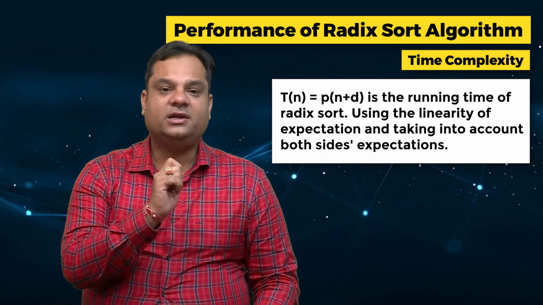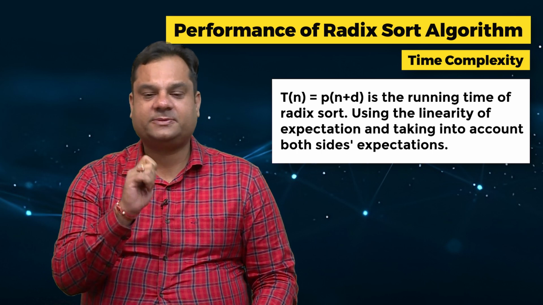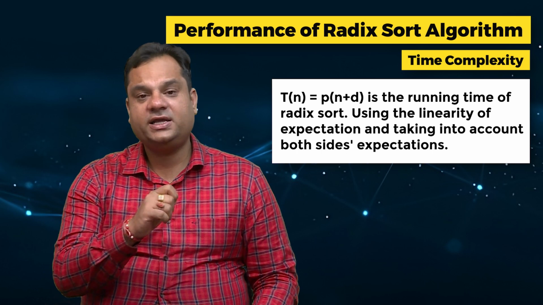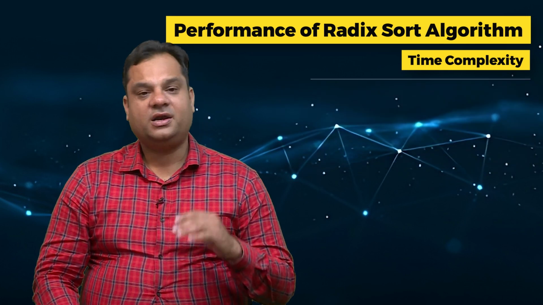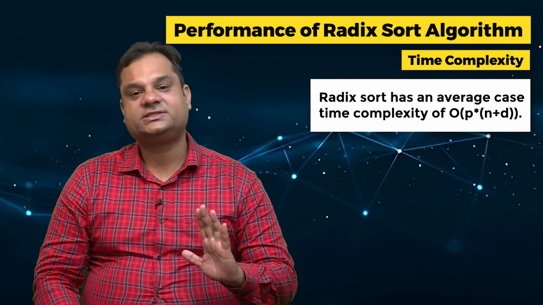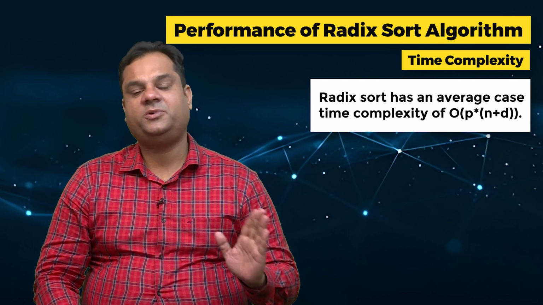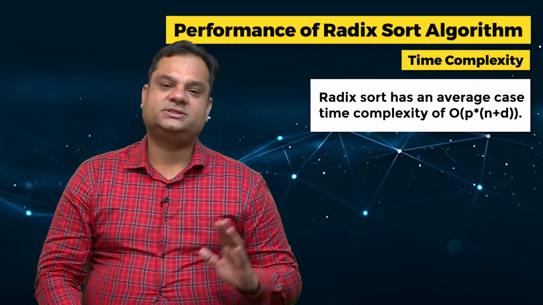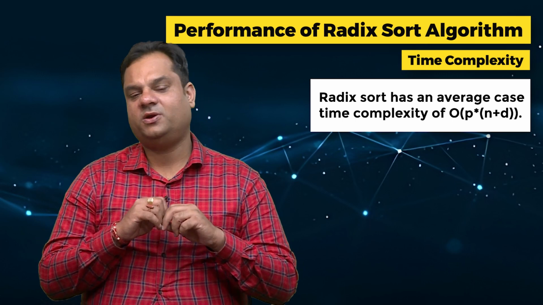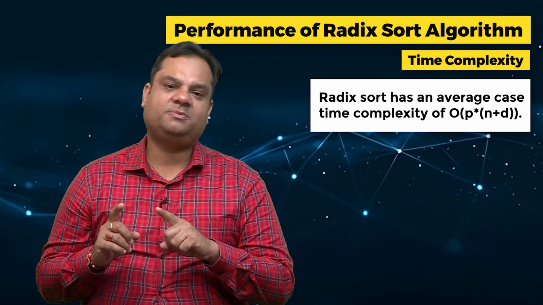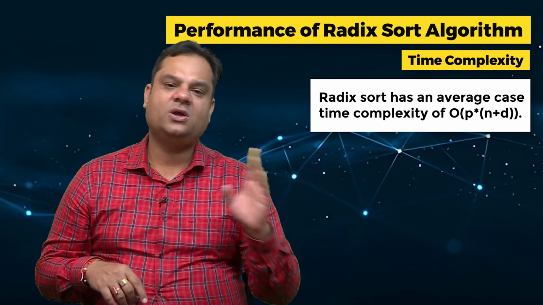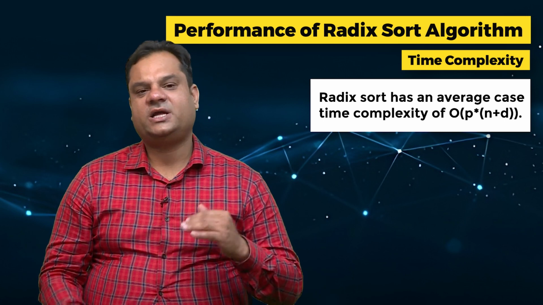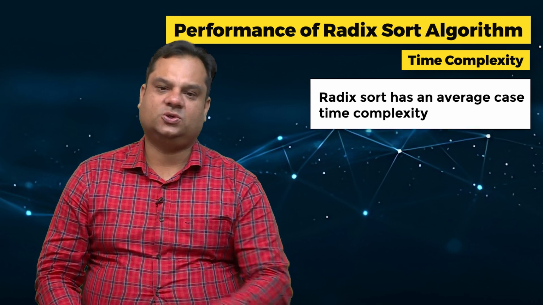Using the linearity of expectation and taking into account both sides' exceptions, Radix sort has an average case time complexity of O of P multiplied by n plus d. N plus d should be in one bracket, so n plus d is multiplied by P and the whole thing is multiplied by the O. That is the average time complexity of Radix sort.